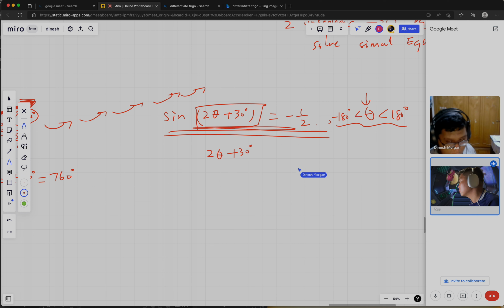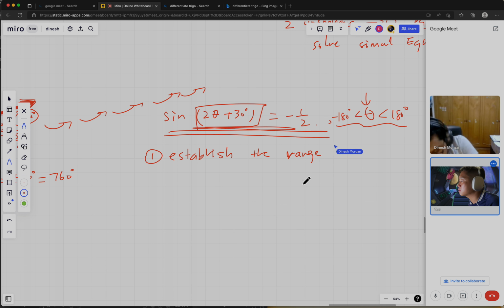So how? Times two. The first step is to establish the range. You know why we need to establish the range first, right? Because if we don't, we are going to have an infinite number of answers, which is not what the question wants.